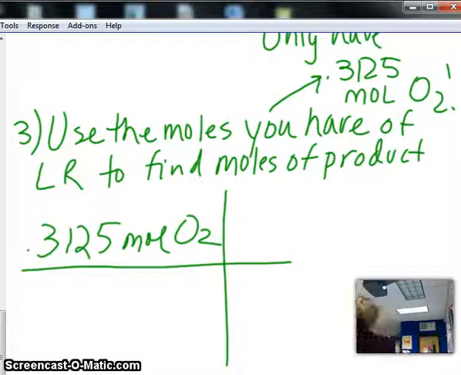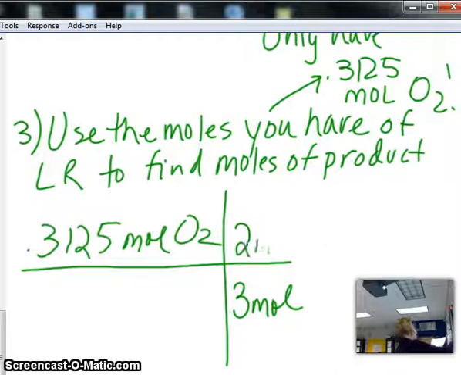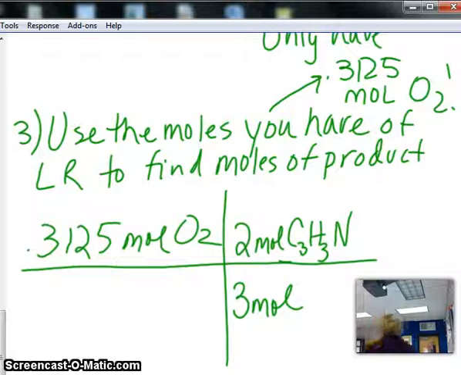According to the equation, for every 3 moles of oxygen, I generate 2 moles of the C3H3N. That will give me the moles of the C3H3N, but they wanted mass, right? So then I'll just keep going and convert that to mass.